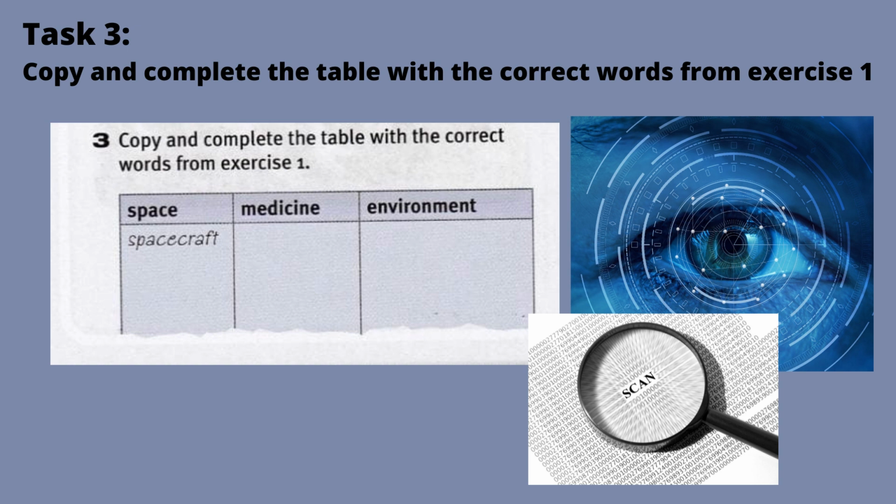The examples are already given here: spacecraft, and then look at the table, medicines. So what should you put there? We are going to discuss the answers once you have finished this. So just copy and complete the table with the correct words from exercise 1.